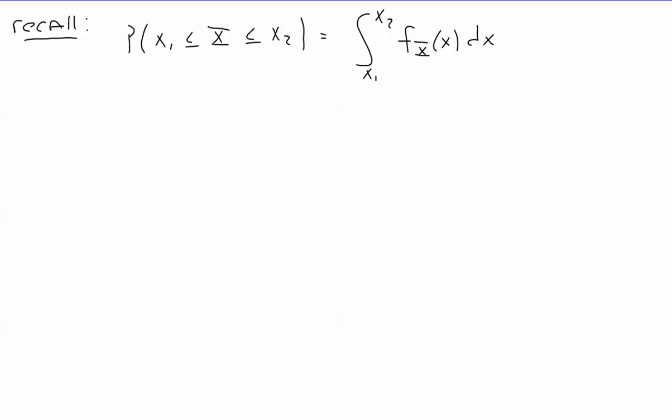The probability that my random variable, capital X, lies within the range x1 to x2 equals the definite integral of my probability density function for x between points x1 and x2. That's one of the central properties for probability density functions.